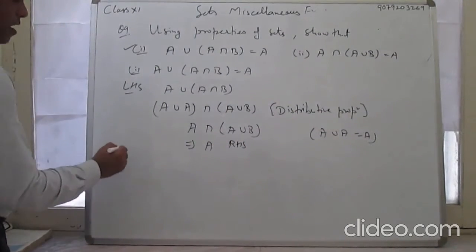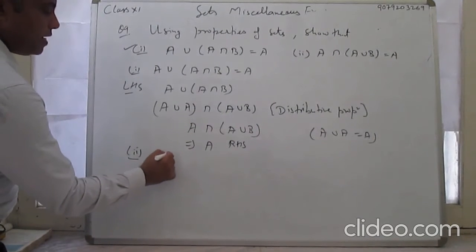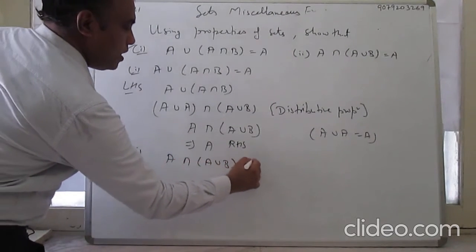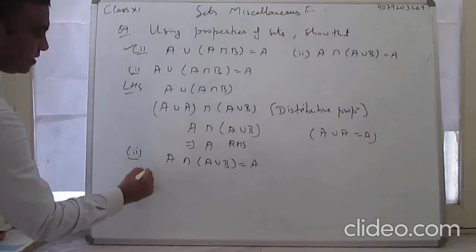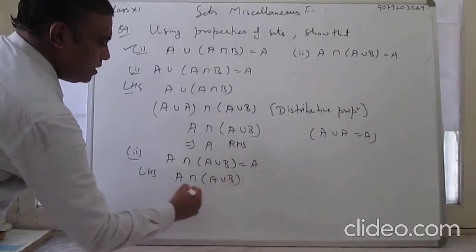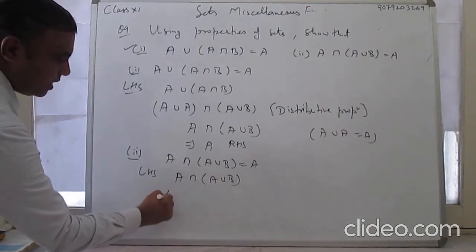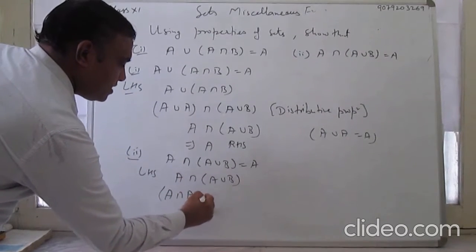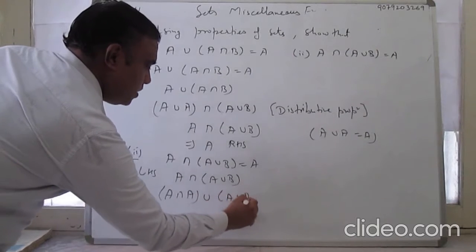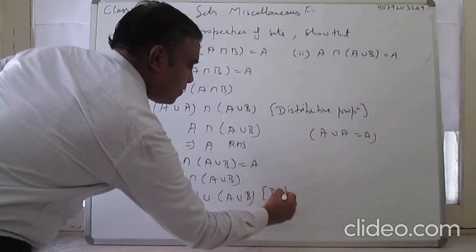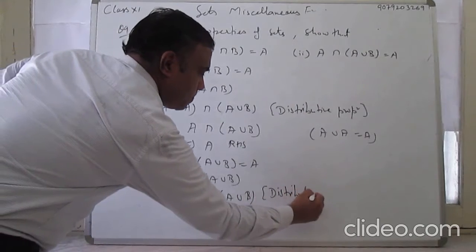Now second part. A intersection A union B is equal to A. Now I will take left hand side. A intersection A union B. Apply distributive property. A intersection A union A intersection B. This is distributive property.